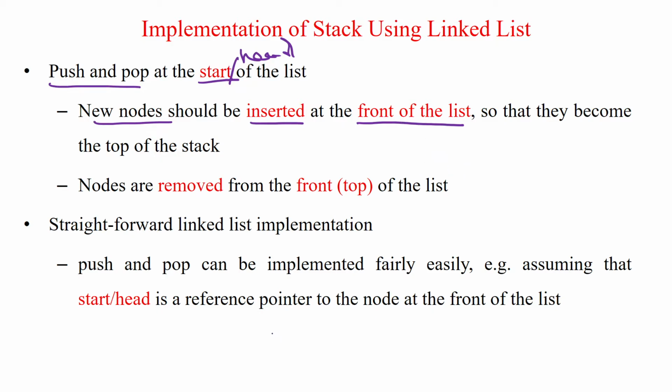For example, if I am having a stack like this, the stack will be represented in this format. Here the first node is inserted, this one. This is the memory location, let's say this is 0. Then this will point to the address of the next node. So this is the head node, initially this is the head.